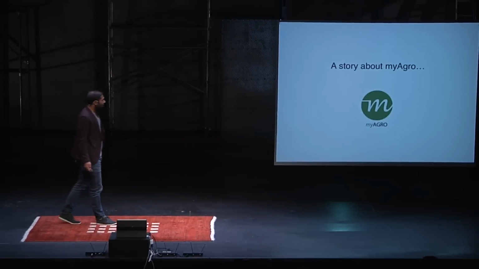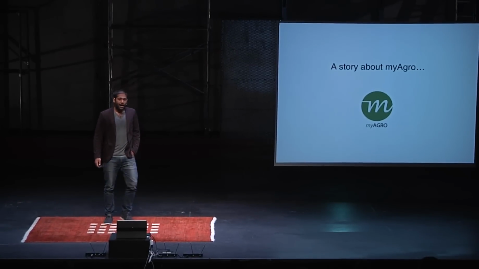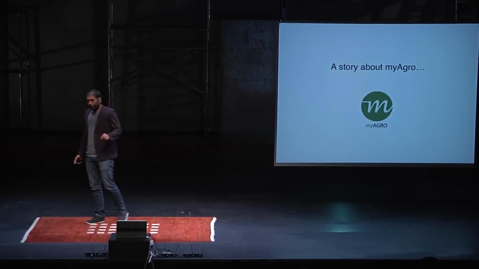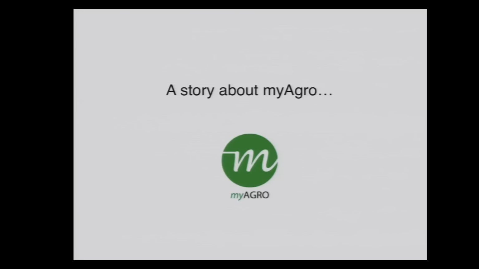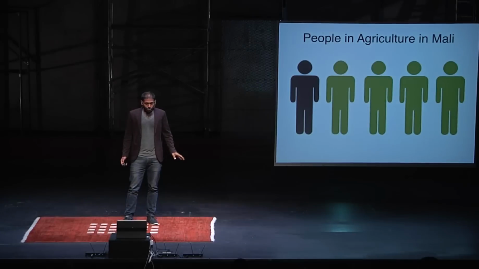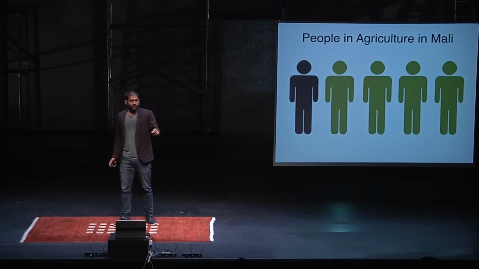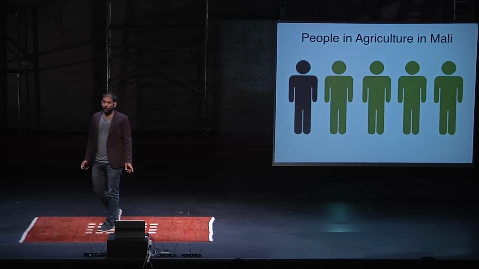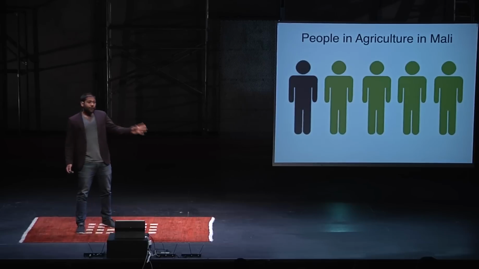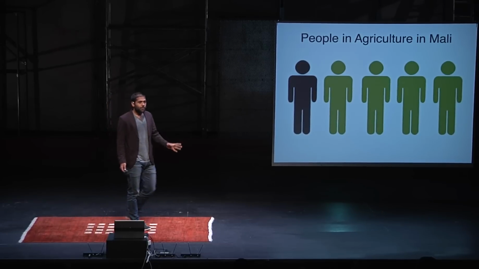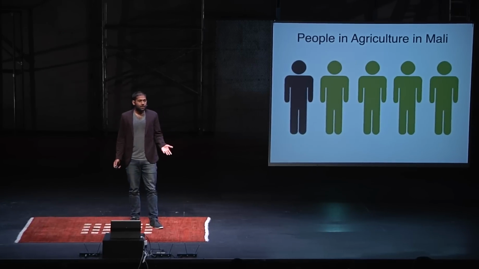So one more story about an organization called MyAgro. MyAgro is a social enterprise working with farmers in Mali and Senegal. So these are countries where roughly 80% of the population works in agriculture, and of those people, a really large percentage are subsistence farmers.